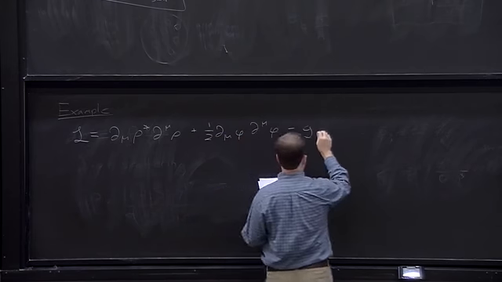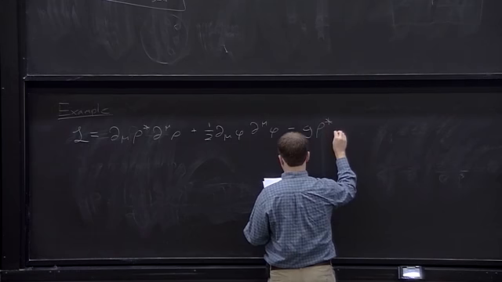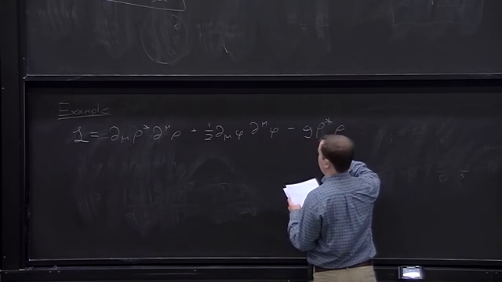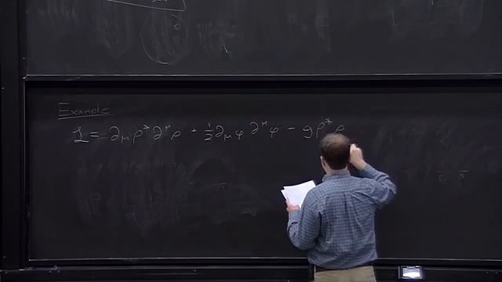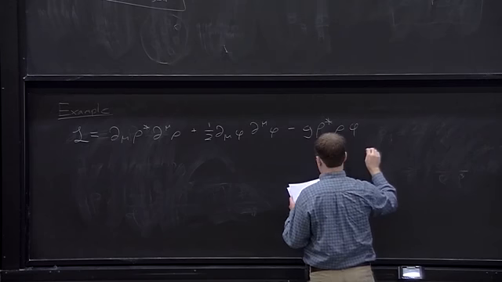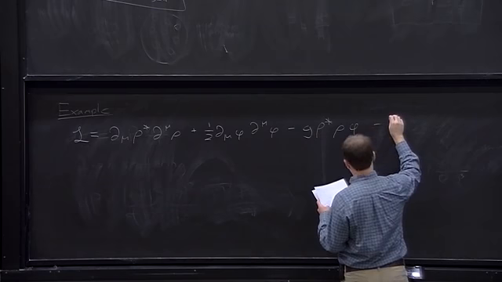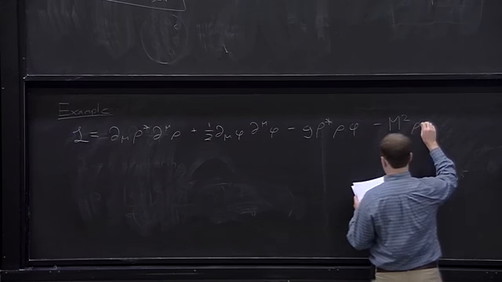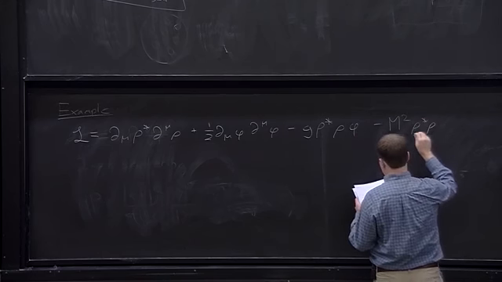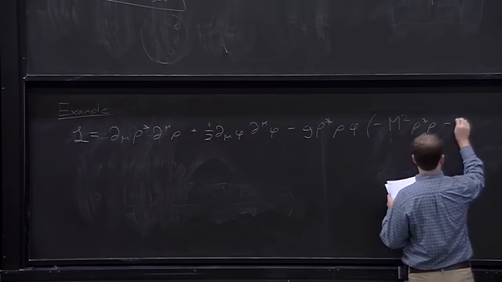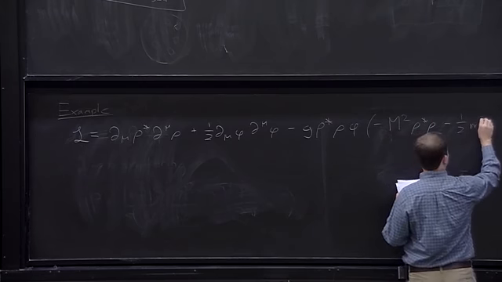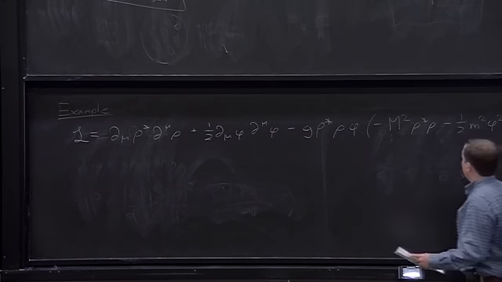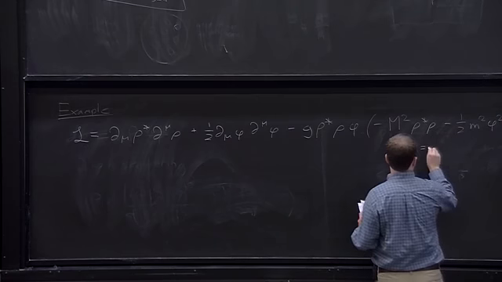And they interact via a 3-point interaction where two nucleons and one meson interact. And I'm going to set all the masses to 0. In the lecture notes I keep the masses, but just for simplicity, I set them to 0.